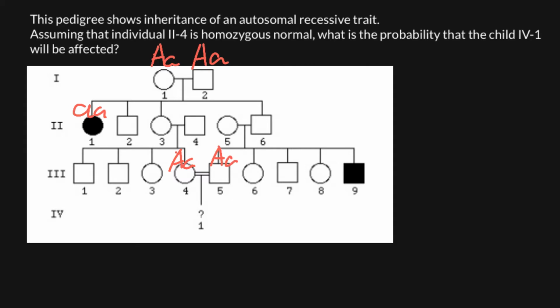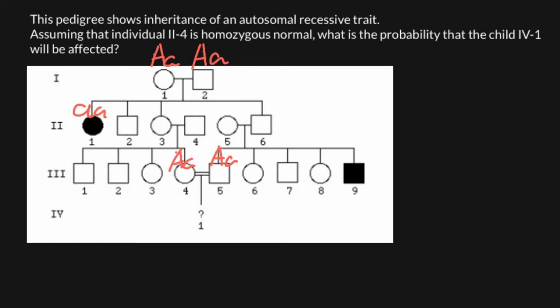Now let's consider individual number 3, the daughter of this couple. What is the probability for her also to be heterozygous, because only in this case can this female pass her defective recessive allele to her daughter?